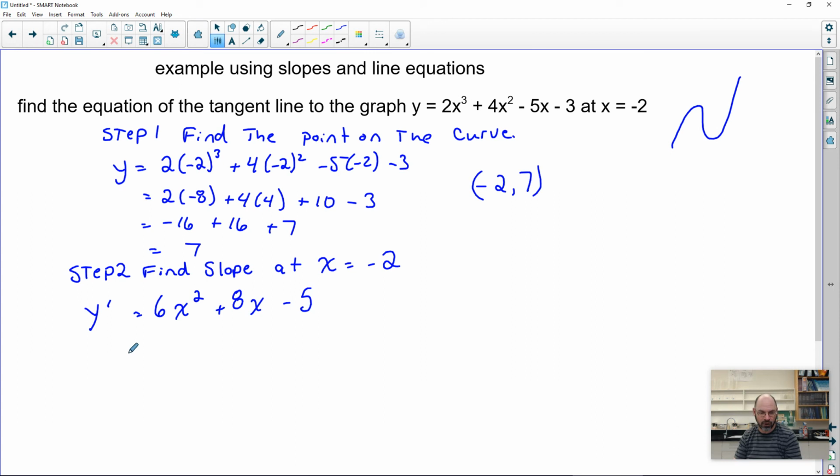Okay, so then the slope would be equal to 6 times negative 2 squared plus 8 times negative 2 minus 5. So this is going to give us our slope at that value.